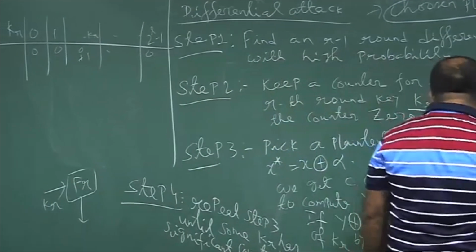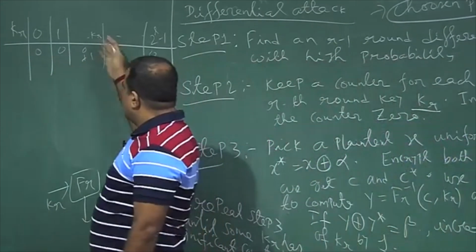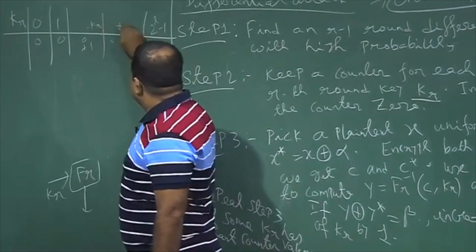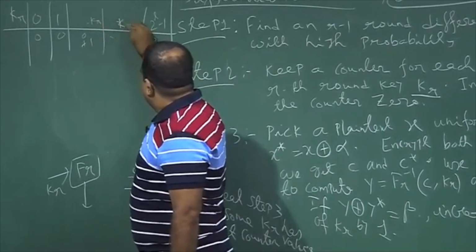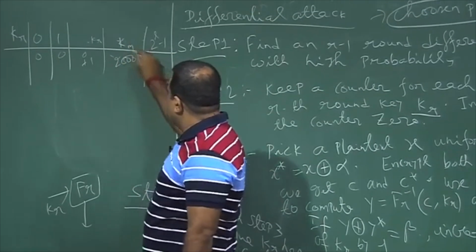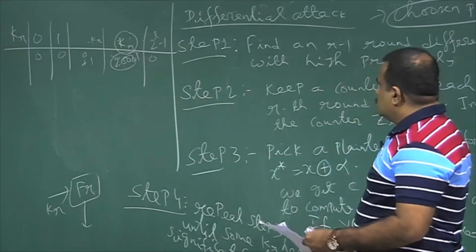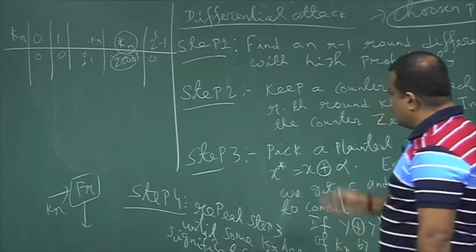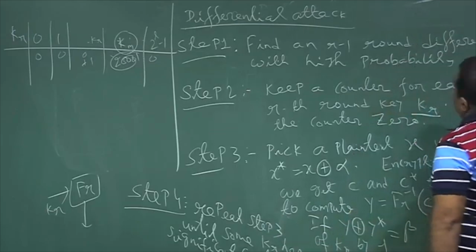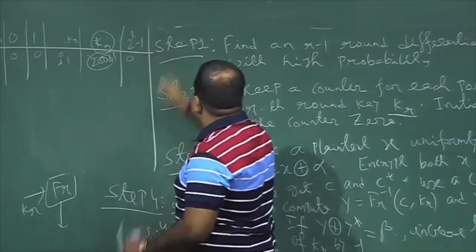We repeat this until we get a significant value for a particular K_R, say 100 for one key, and then obviously this will be the key. This is the differential attack, and there is one variant of it which is called the impossible differential attack.